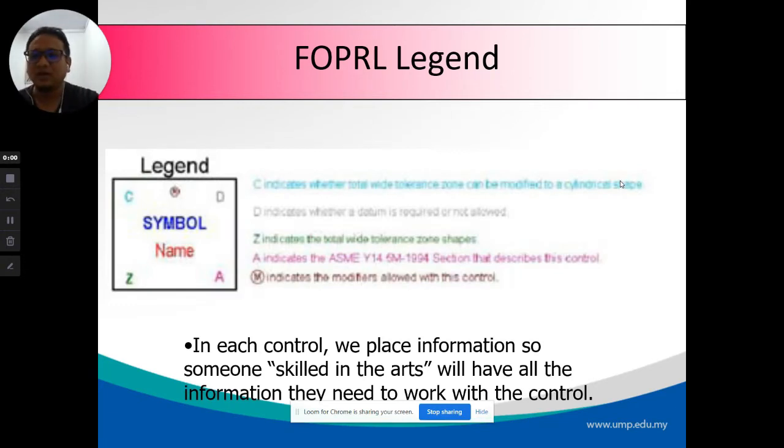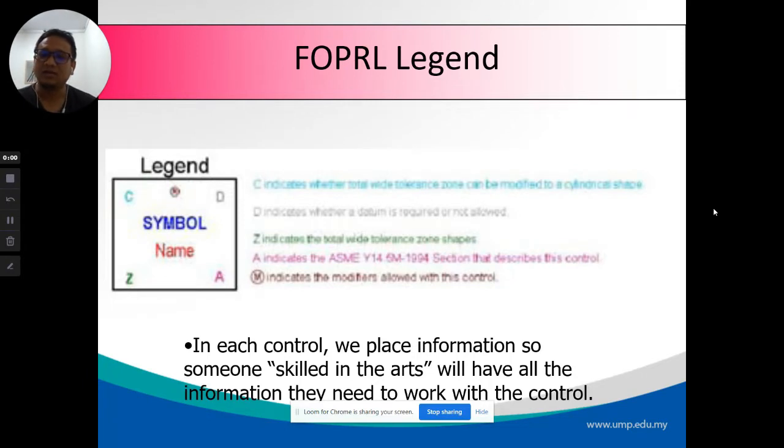The box on the top left, which is a C, indicates whether the tolerance zone can be modified to a cylindrical shape. On the right side it indicates whether a datum is required or not.